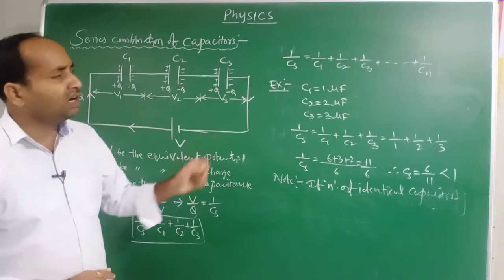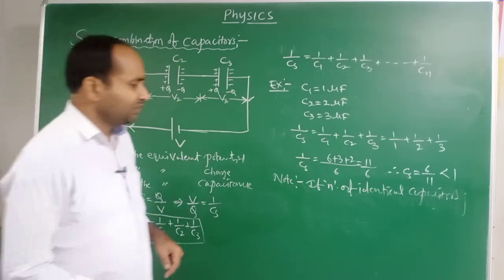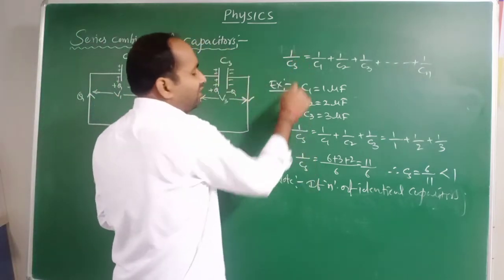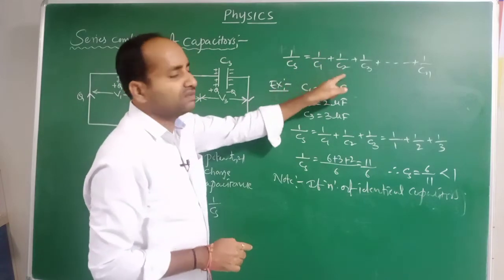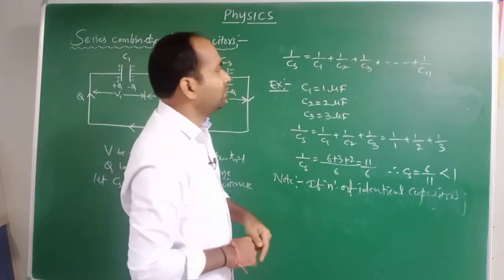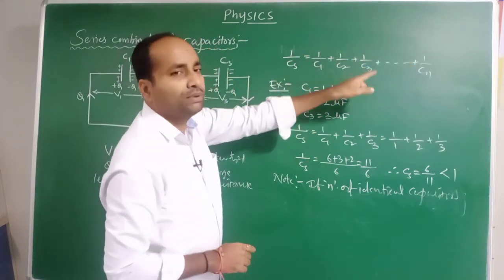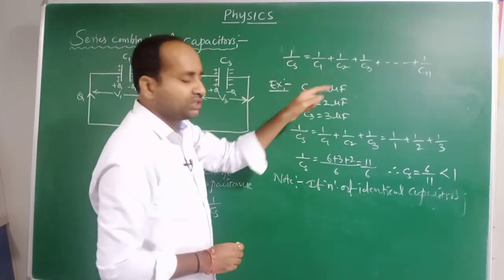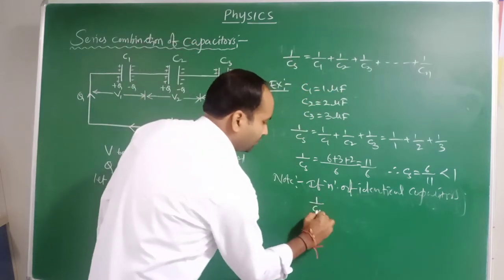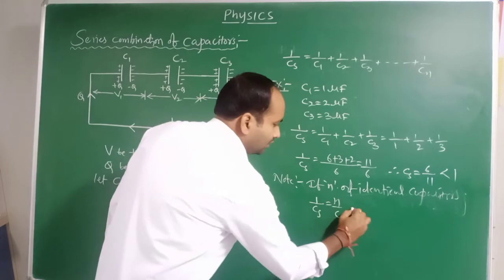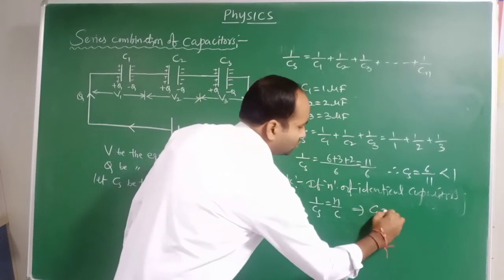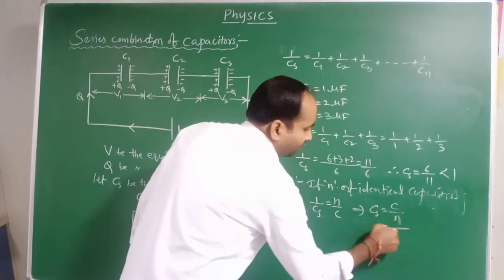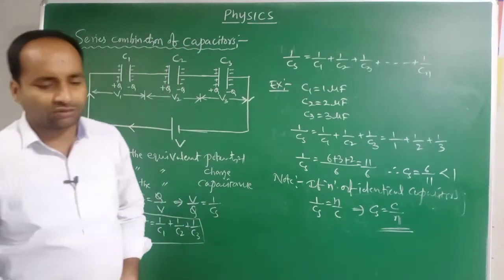Then the equivalent capacitance Cs can be written as: 1 by Cs is equal to 1 by C plus 1 by C plus 1 by C up to n number of terms, which becomes n by C. So 1 by Cs is equal to n by C, that implies Cs is equal to C by n.